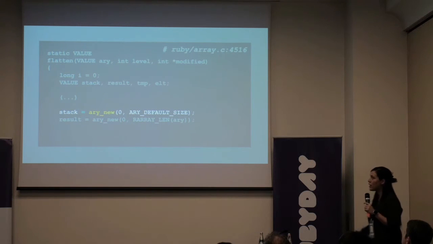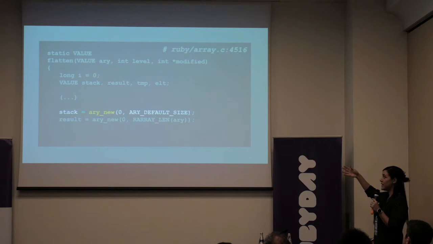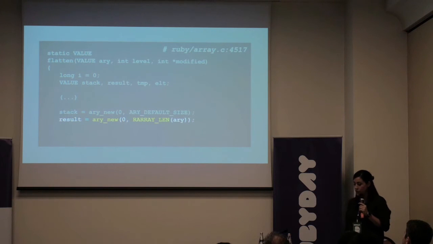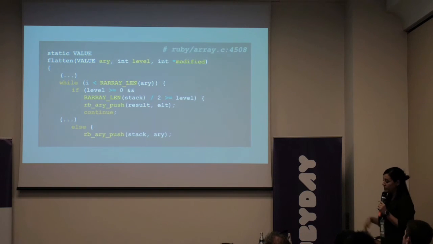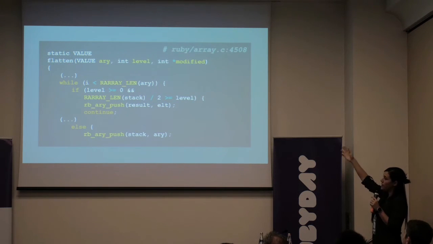As you can see here, similar to the solution that I had originally created, it does use a stack to manipulate the array and to flatten it out. And then we also are creating a new array from that result. When we move down the flatten, we see a while loop, and within the while loop, we have a few conditionals.